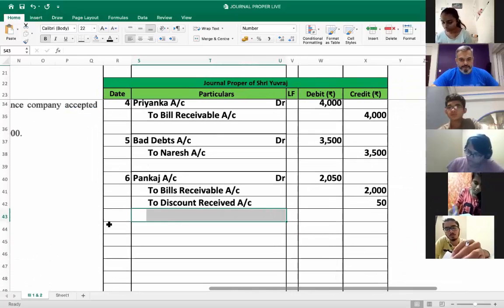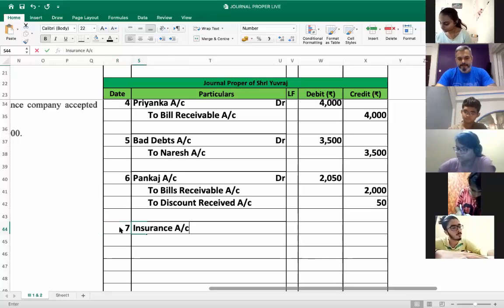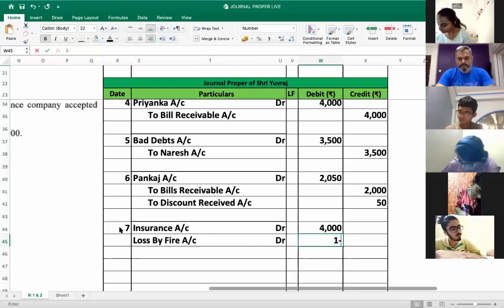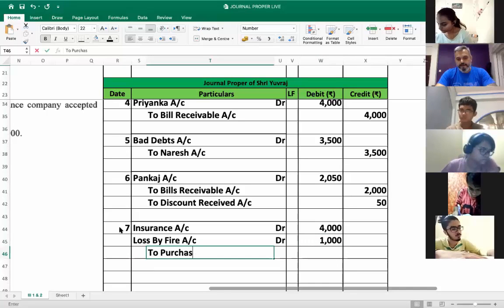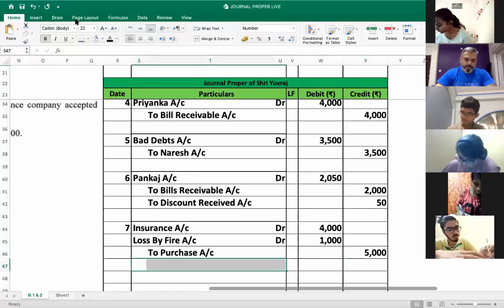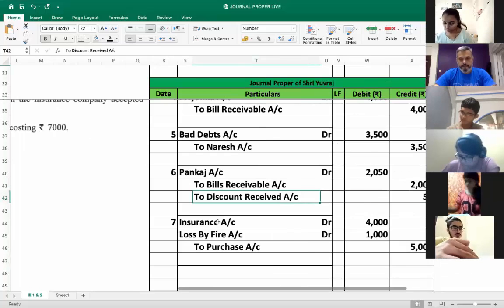So, seventh one, you all know: insurance company account debit 4,000, loss by fire account debit 1,000, and goods are destroyed, so to purchase account, what was purchased got destroyed, 5,000. Next.